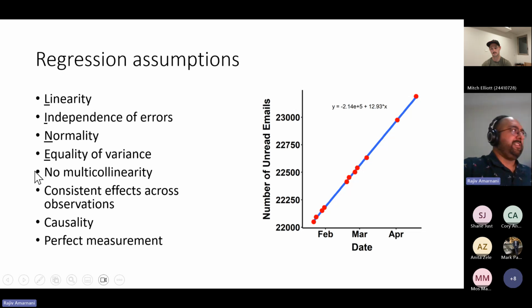Then there's a couple of other assumptions: no multicollinearity, where variables overlap too much. Regression also assumes that effects are consistent across observations. And regression assumes that you can make causal claims. This will be the topic next week: how do we get that cause and effect? And then that everything is measured perfectly, which we'll get into in week 11.